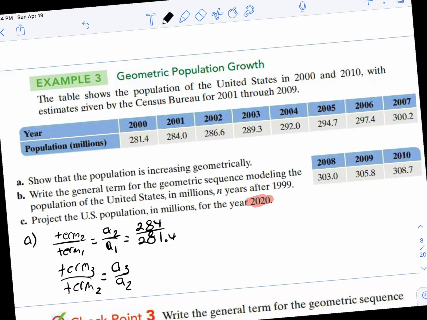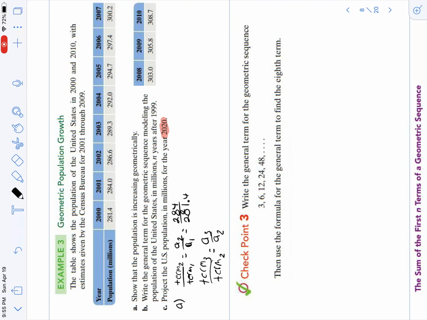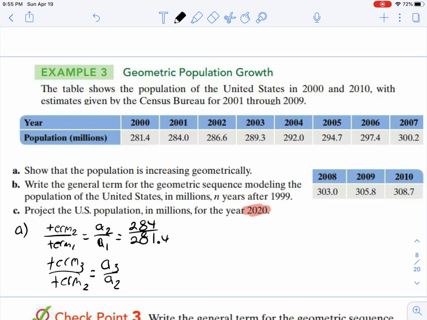And then we're going to divide these. I'm sorry, I had to find a calculator. I thought I had it right next to me. So we're going to have 284 divided by 281.4, and we're going to get 1.009.